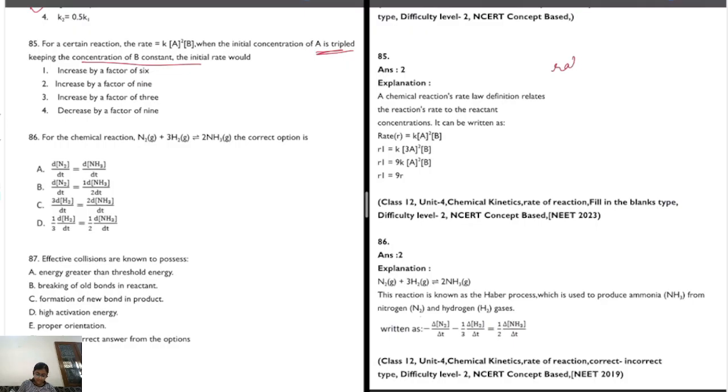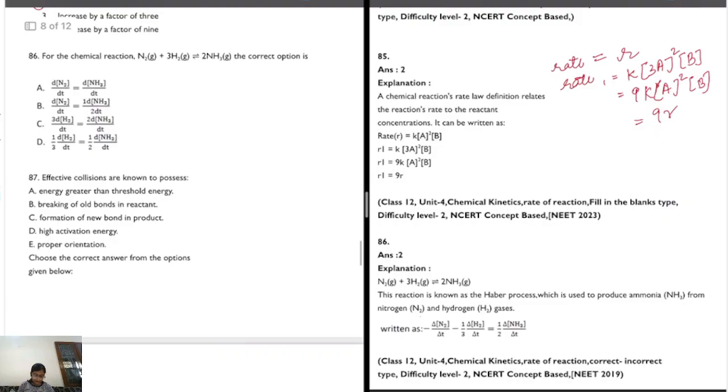Let us consider the rate initially to be R. Now our concentration is tripled, so it would be 3A, and B is the same. So it will become 3 squared, that is 9. We can take that out as a constant, leaving A squared B. That is, it will become 9R, that is 9 times.